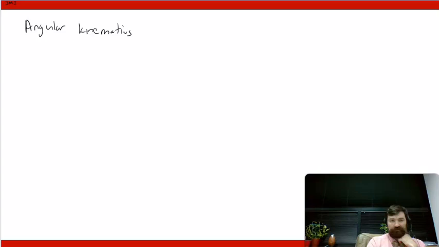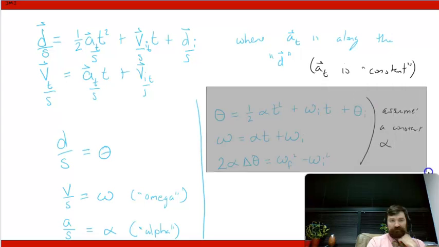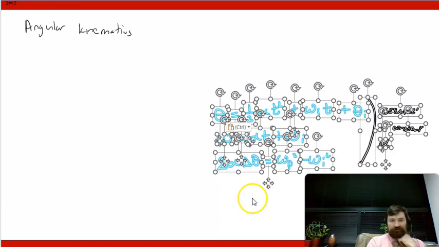And again, I can take this set of quantities that I've written out here. I'm just going to copy them, drag them over here so I don't have to rewrite all of them.